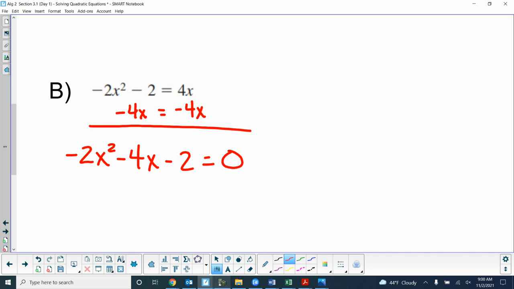So before I even graph this, I know it's going to open down, right? And then my b value is -4, my c value is -2. So what's my y-intercept? -2, right? So again, there are some things you should already know from our previous chapter, so you kind of have an idea what it looks like.